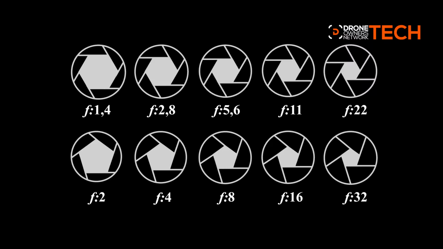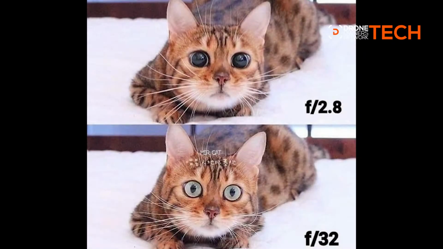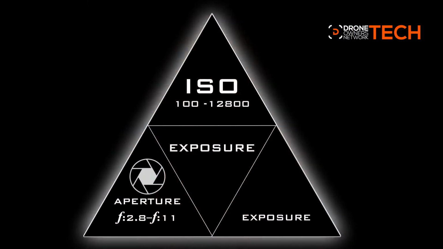Some cameras, like the one on the Mavic Pro, the old one, and the Phantom 3 series, have fixed apertures, and then we need other ways to control the amount of light that comes in through the lens, like ND filters. Yeah, even cats know how to adjust the aperture. The aperture on the Mavic 2 Pro goes from f2.8 to f11.